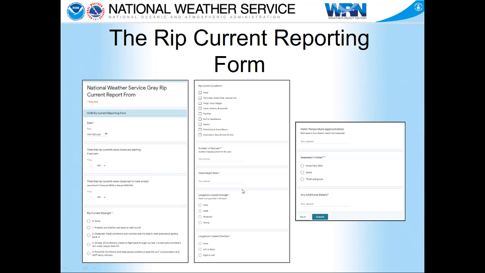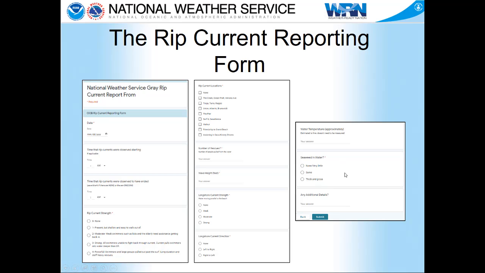So we have our forecast, but we also want to know what that translates to when people are actually out. There's a section here for the wave height, and then a section here on the longshore current, which is the water moving along the shoreline that actually feeds into the rip currents. And then some of those other factors here that influence swimmers, we have a section for the water temperature and also an area for water quality.